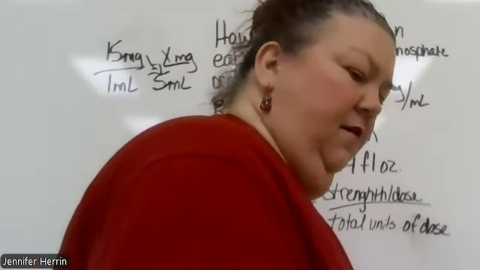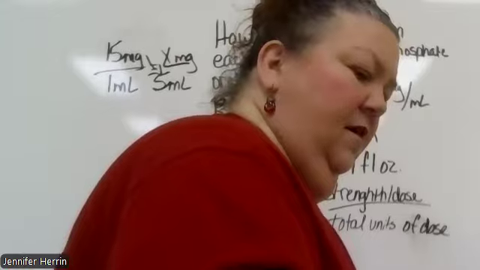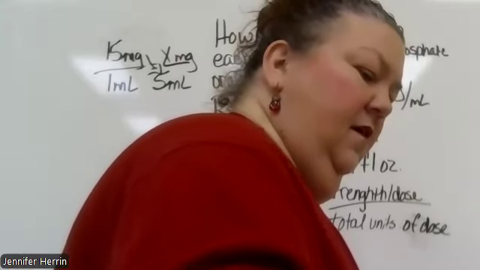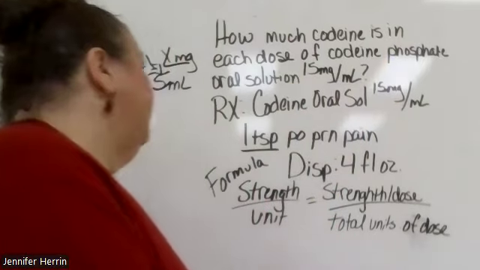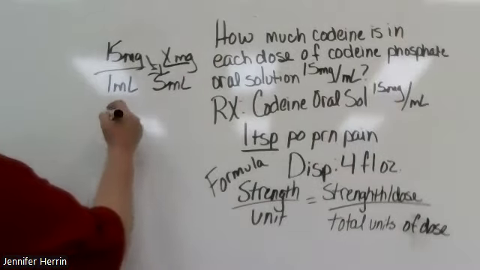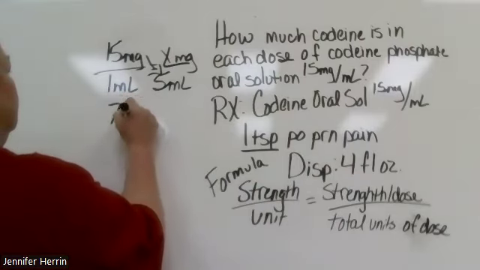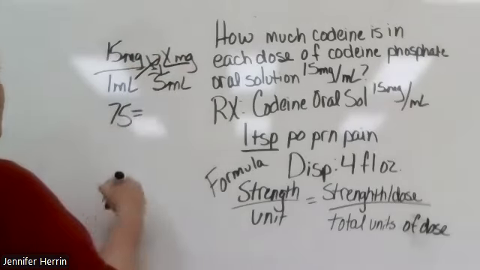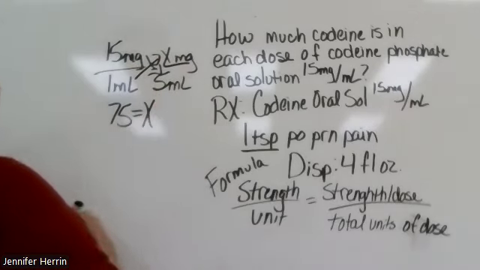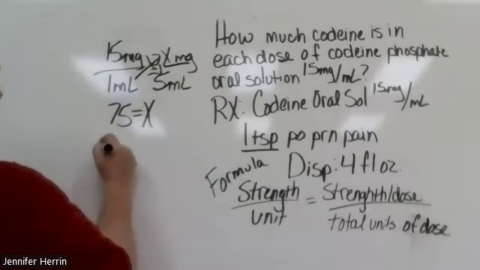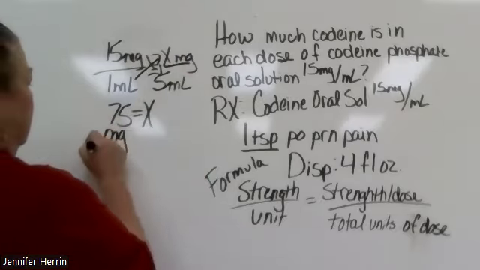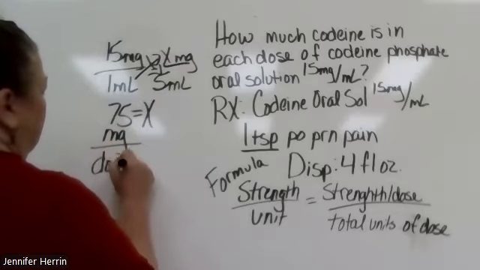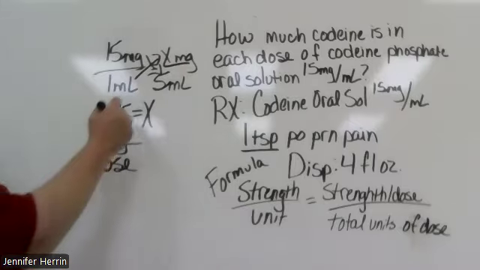Sorry, my calculator went off. I get 75. And if I cross multiply in the other direction, I'm going to get 1 times x, which is just going to give me x. So I know that this is 75 milligrams per dose.